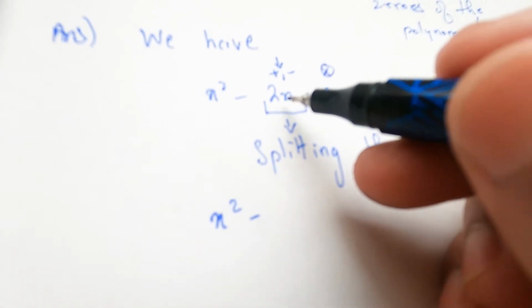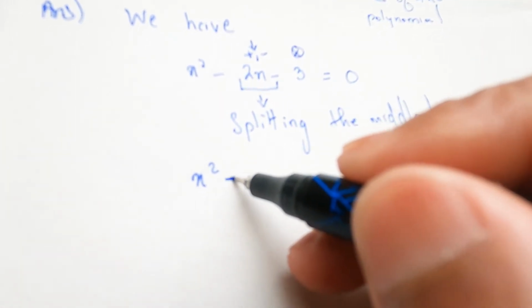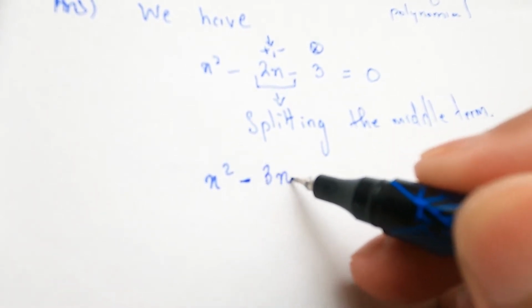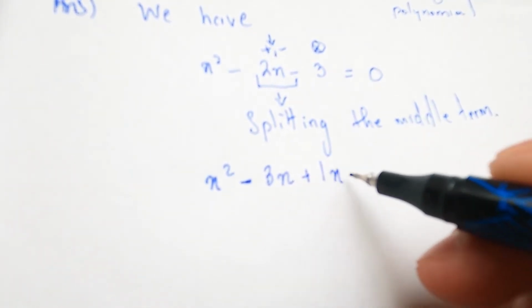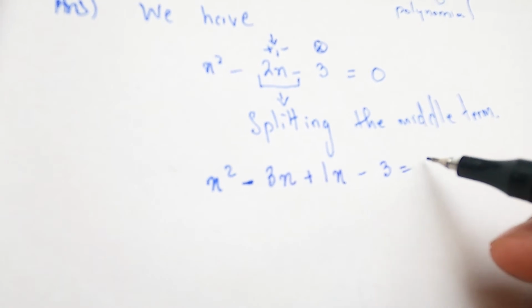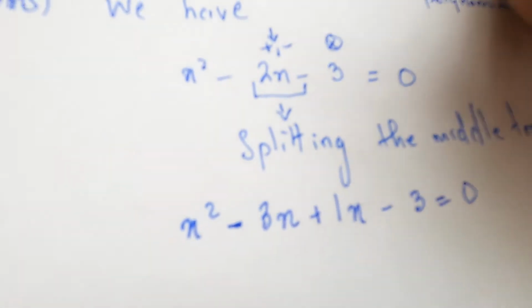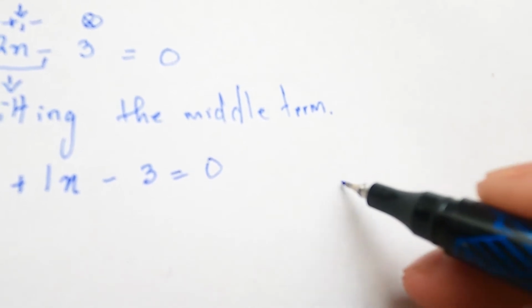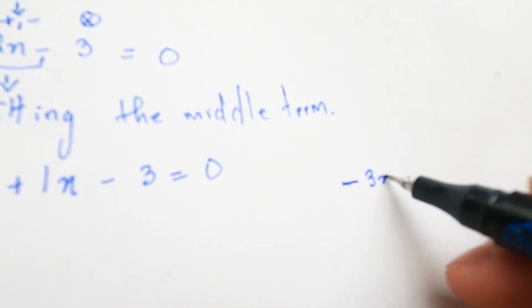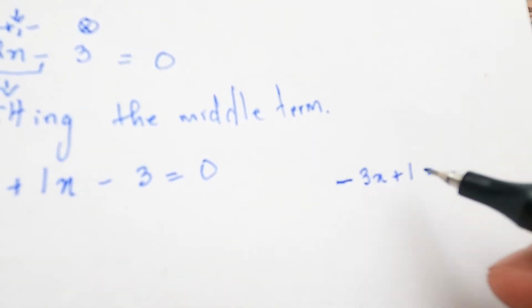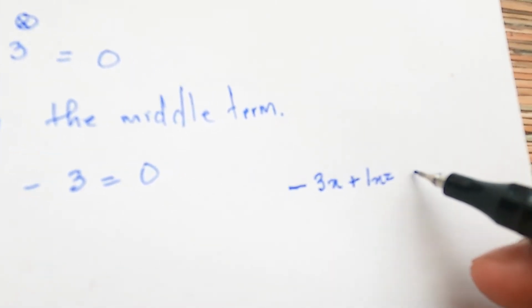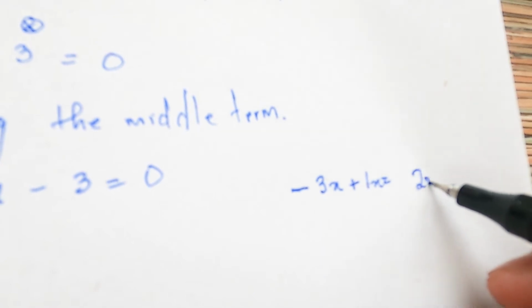Alright, so let me show it to you. So let me split 2x. So I will split 2x in such a way that, so let me write here x squared minus 3x plus 1x minus 3 is equal to 0. So let me explain it to you. See, in the first case, when I add or subtract, so minus 3x plus 1x, how much am I getting? 2x.